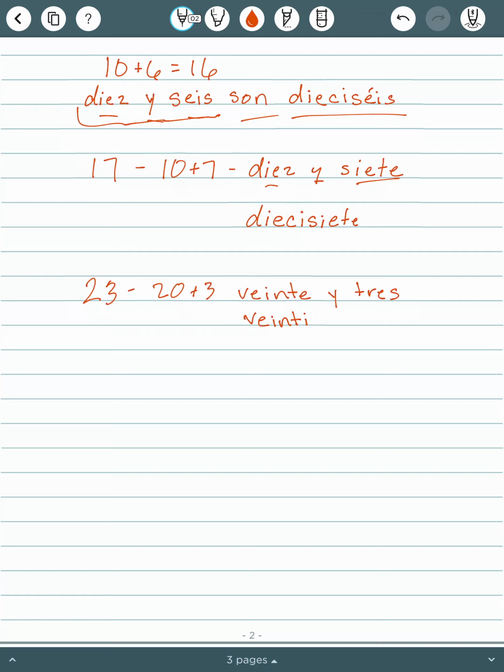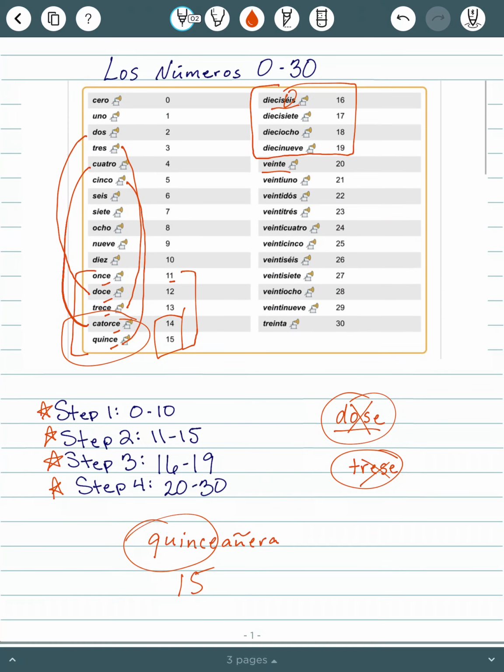So veinte, take out the E and Y, replace it with an I. Veintitrés, 23. If you want to do 29, same thing. 20 plus 9. So 20 is veinte plus nueve. Change the spelling up, make it one long word, veintinueve, 29. And you've got it. So that is step number 4. I would definitely work on one thing at a time.